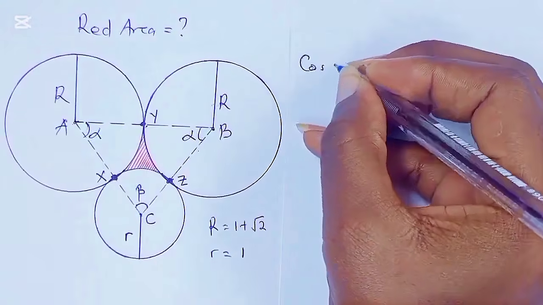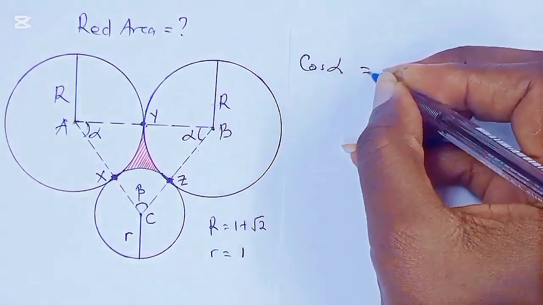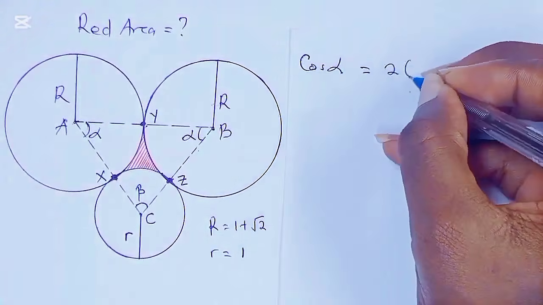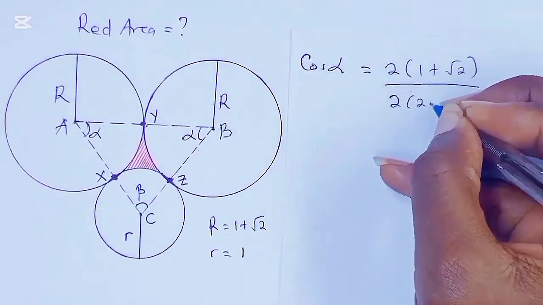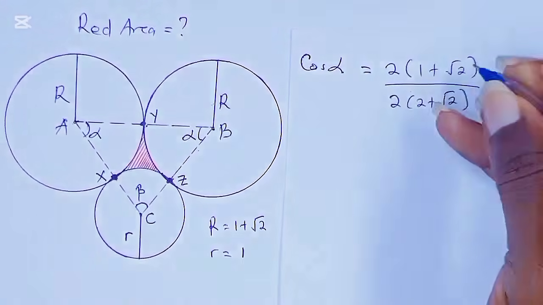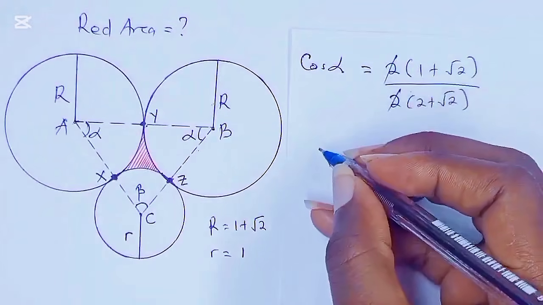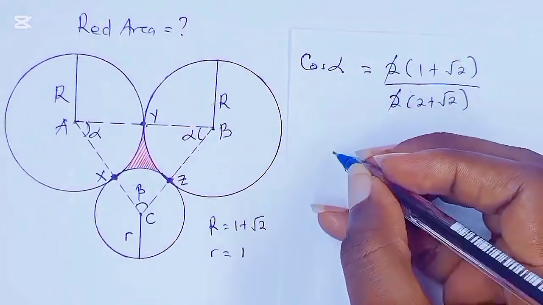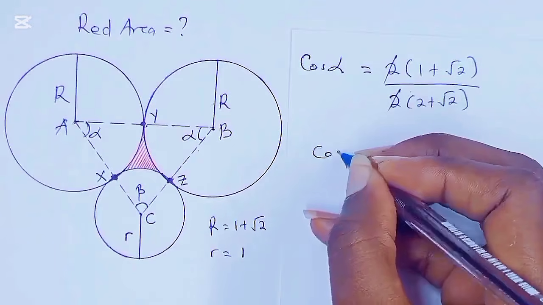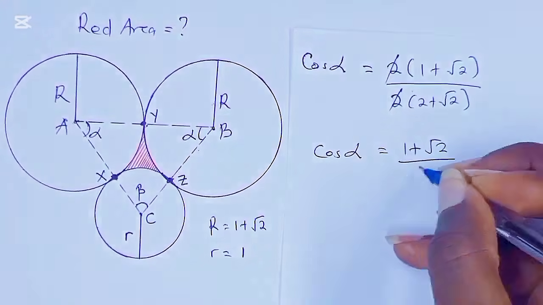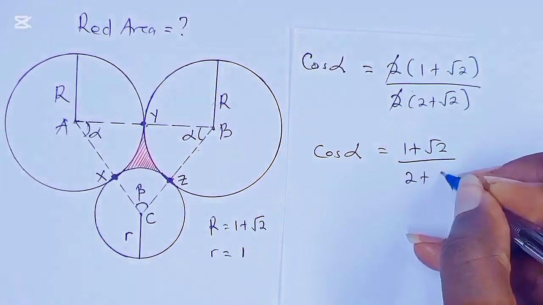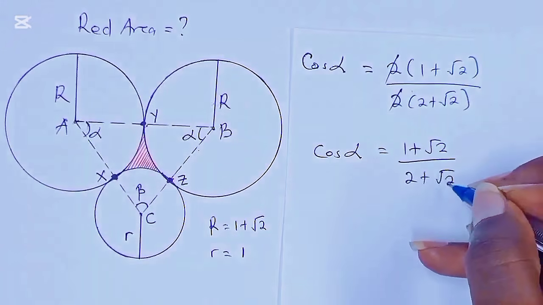So cos alpha will be equal to 2 into 1 plus root 2 divided by 2 into 2 plus root 2. These two cancel, so we shall be left with cos alpha being equal to 1 plus root 2 divided by 2 plus root 2.